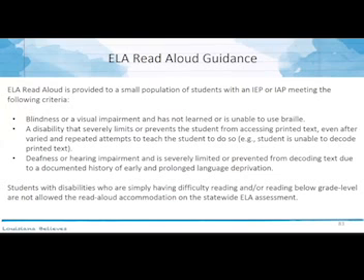But ELA read aloud is provided to a very small population of students because the entire ELA test can now be read aloud. So since the standards were then integrated and our assessment is integrated, the entire ELA test can be read aloud. And so it is only for students who qualify with these three things.